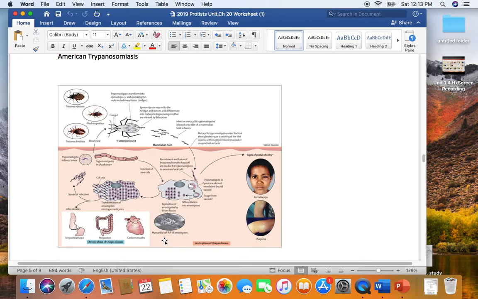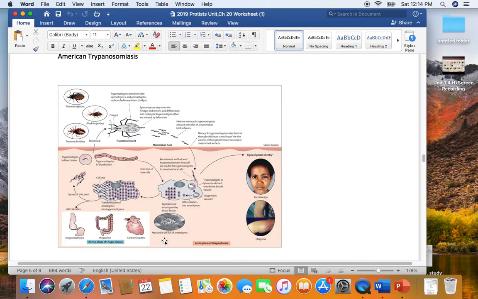Trypanosoma cruzi has been found in donated blood in California, so the blood centers always screen for Trypanosoma cruzi in donated blood. The vector that can transfer Trypanosoma cruzi is present in the southern United States, so there might be some endemic cases, say in Florida, Louisiana, Mississippi.